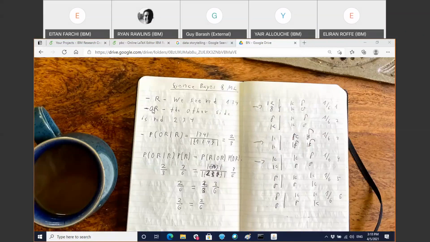And if you think about it in that way, then Bayes' rule is a way to update your intuition about the reality based on something that you've seen.